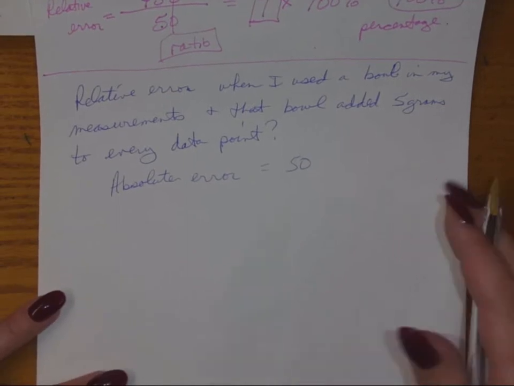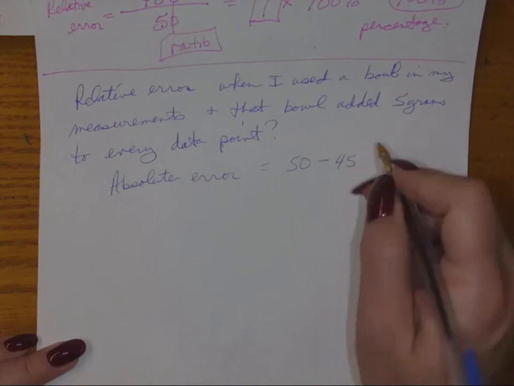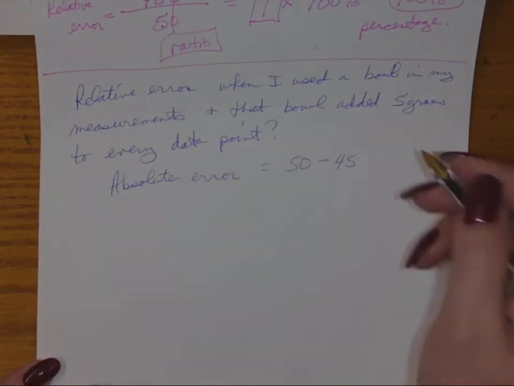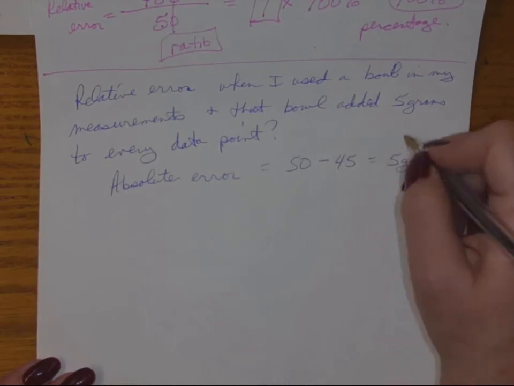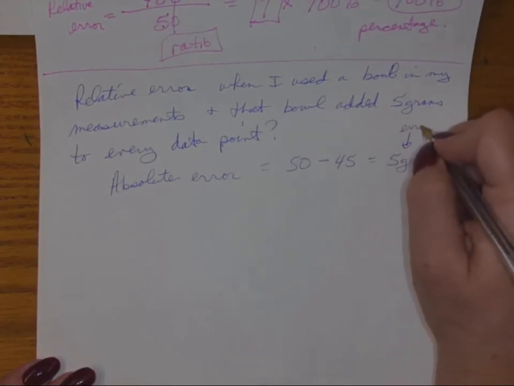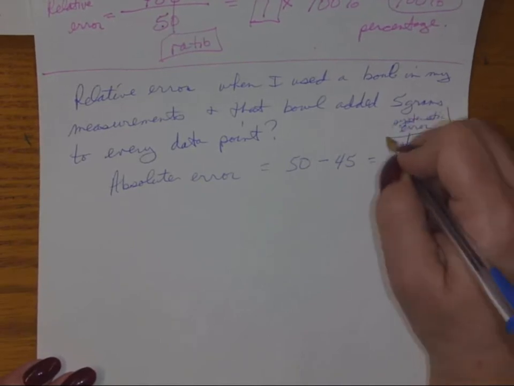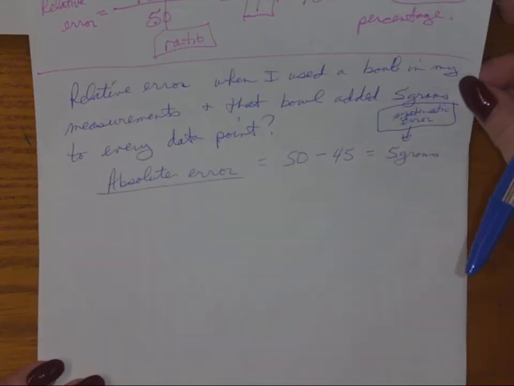This was my measurement, and this was the true value. So it's off by 5 grams, which we knew. That was my systematic error. We already figured that one out earlier, but just to remind you, that's how I come up with this number.